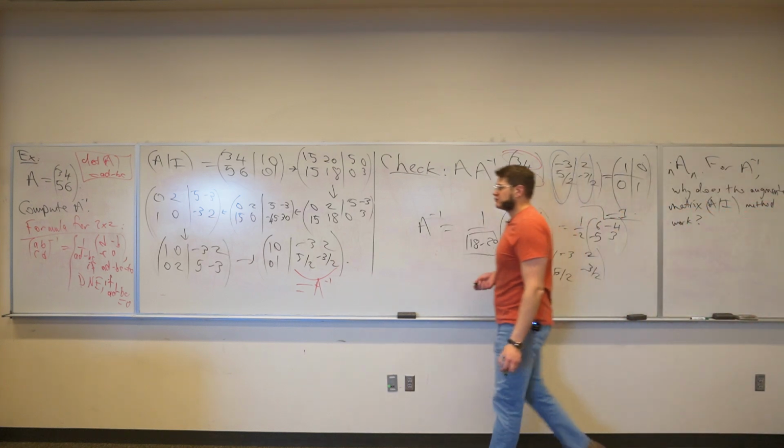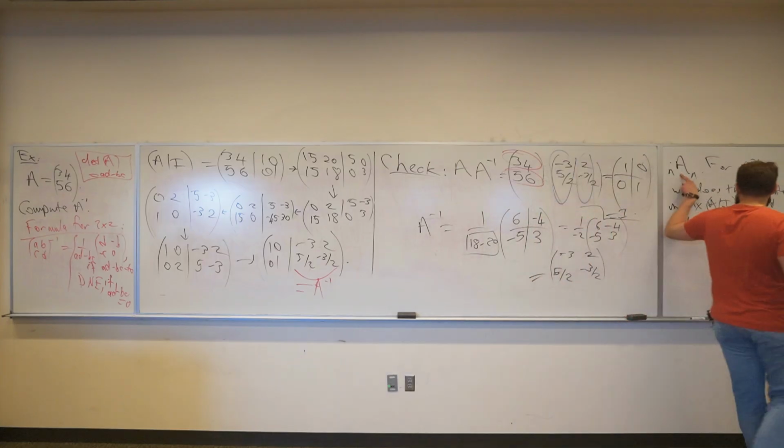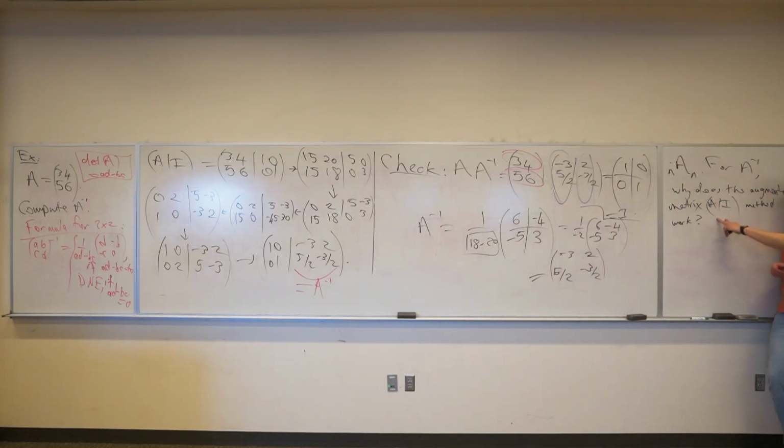Why is it the case, in other words, that if I take my n by n matrix, put it into an augmented matrix with identity on the right-hand side, and do row reduction to get identity on the left-hand side, I generate A inverse on the right-hand side? Why does the method work?